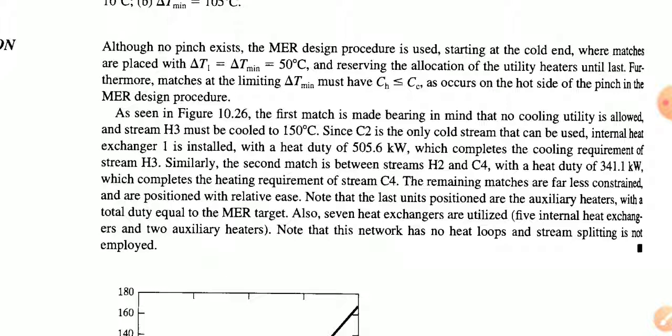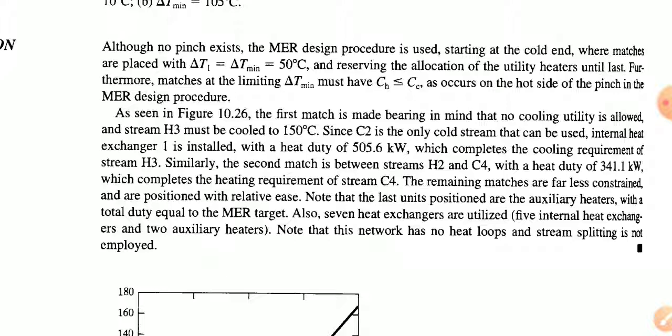For no pinch, the maximum energy requirement design procedure is used, starting at the cold end, where matches are placed with delta T equal to delta T minimum, equal to 50 degrees Celsius, and reserving the allocations of the utility, until the last.